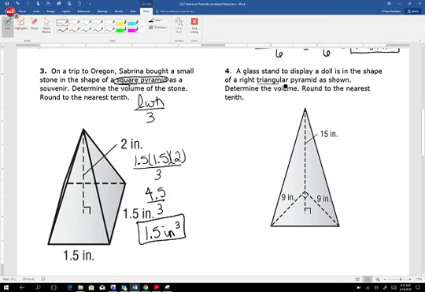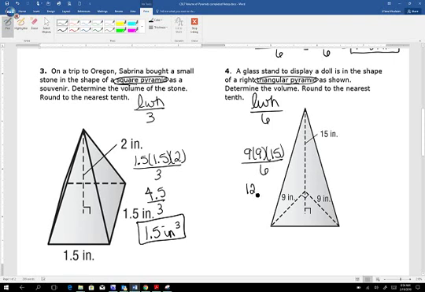Number 4, it says that it is a triangular pyramid, so we know we are going to be doing length, width, and height divided by 6. This 6 is broken up into dividing by 2 because it is a triangle, divided by 3 because it is a pyramid, and 2 times 3 equals 6. So we would do the length of 9 times the width of 9 times the height of 15 divided by 6.